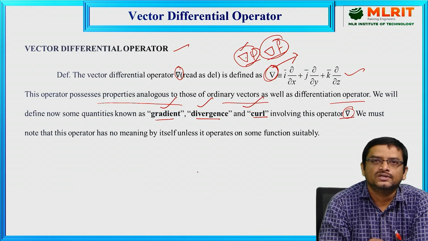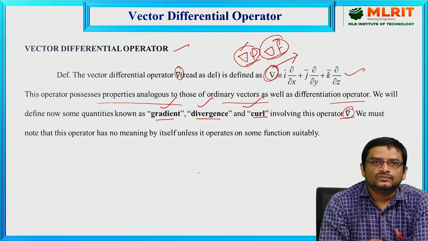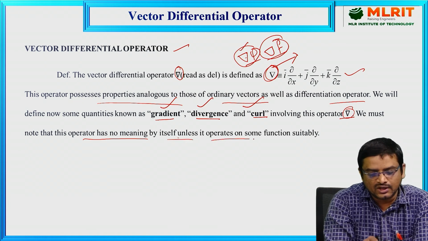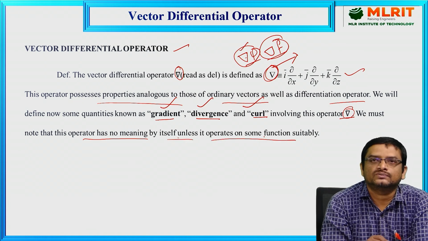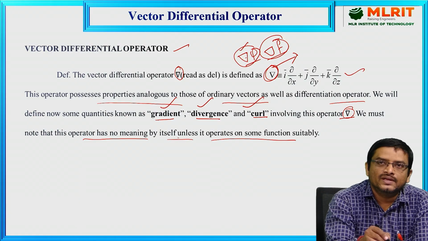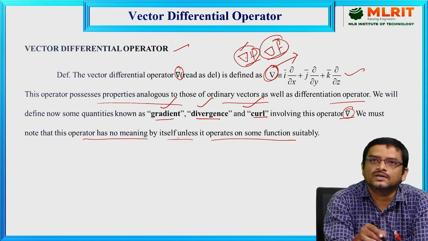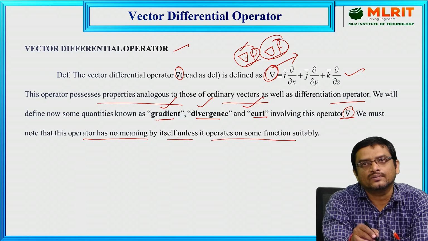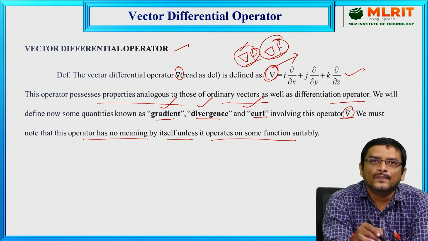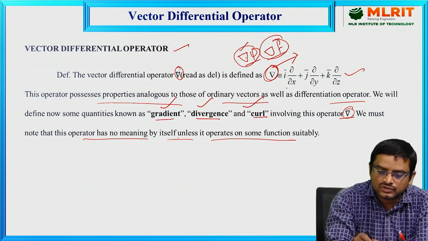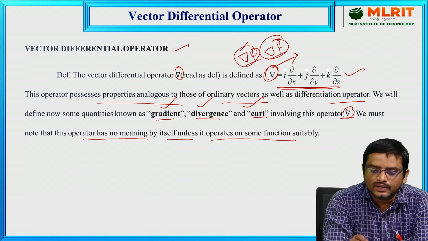This operator has no meaning itself unless it operates on some suitable function, either a scalar point function or a vector point function. Then only we will get the meaning for that operator. This is the vector differential operator, which is defined by i bar ∂/∂x plus j bar ∂/∂y plus k bar ∂/∂z.